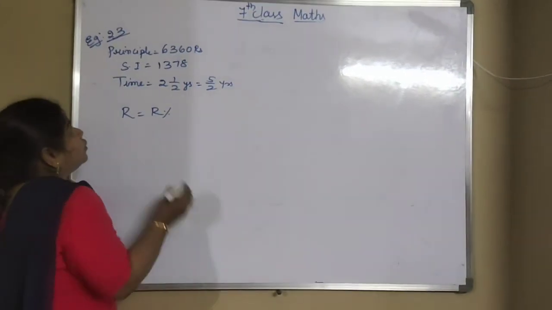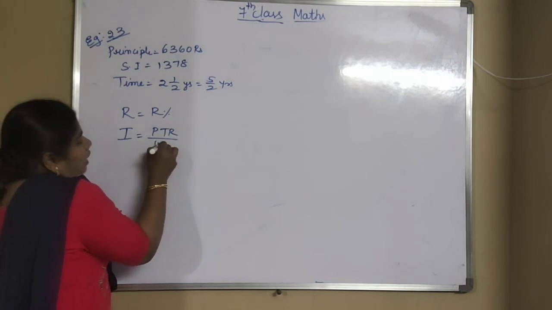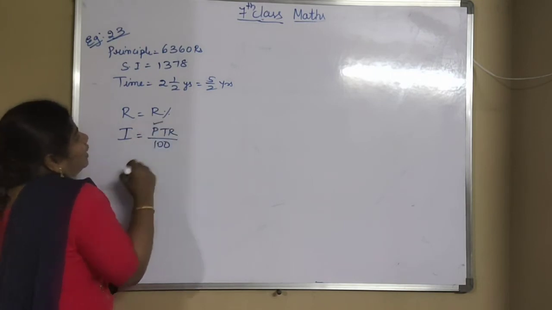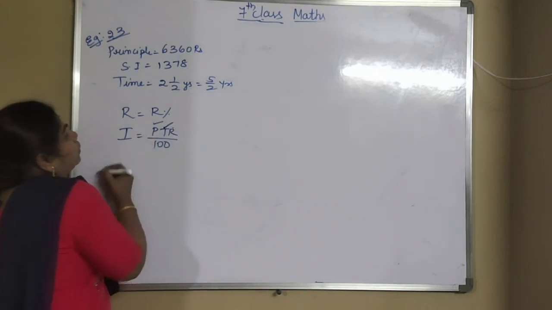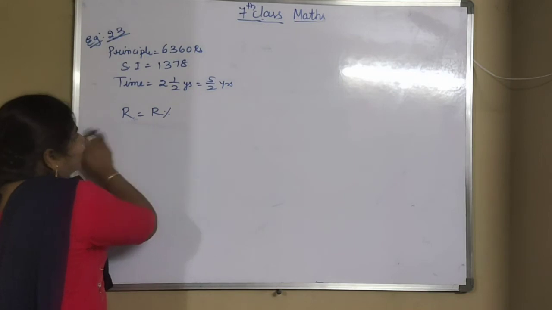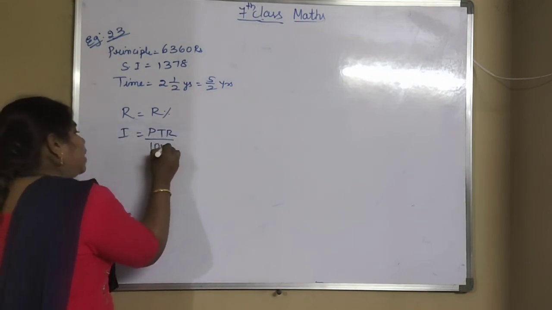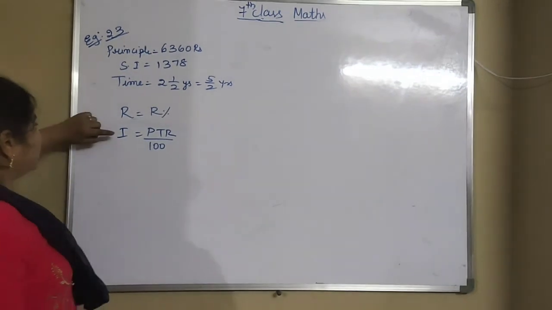Okay, now which formula am I using? I is equals to PTR by 100, because we know the principal value, time value, and interest value, and the rate of interest we have to find. So we are using this formula, I is equals to PTR by 100. Okay, so what is the interest value?